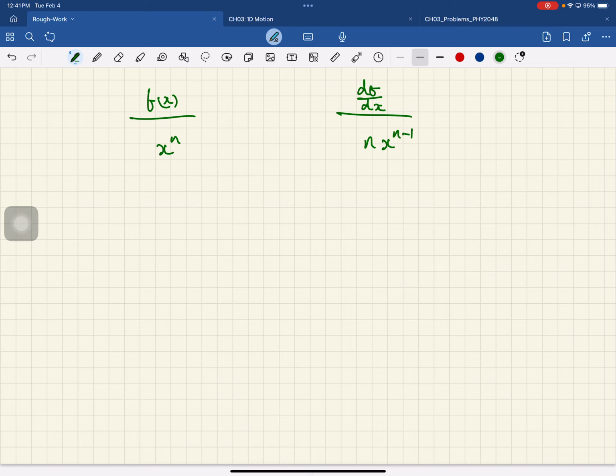And the derivative of sine x is cosine x. So what does the derivative give you?